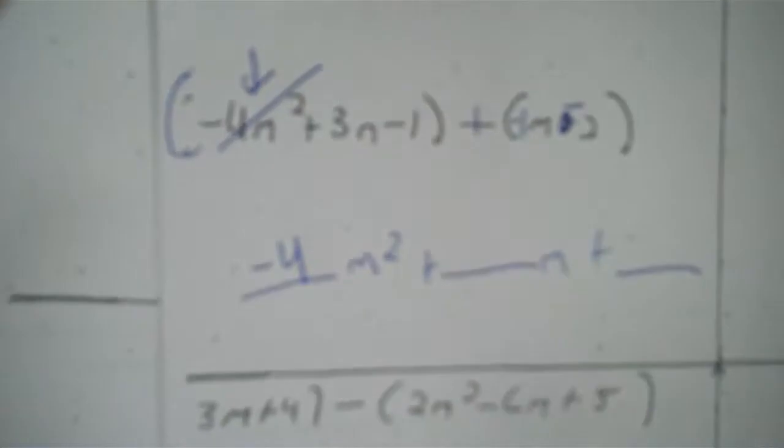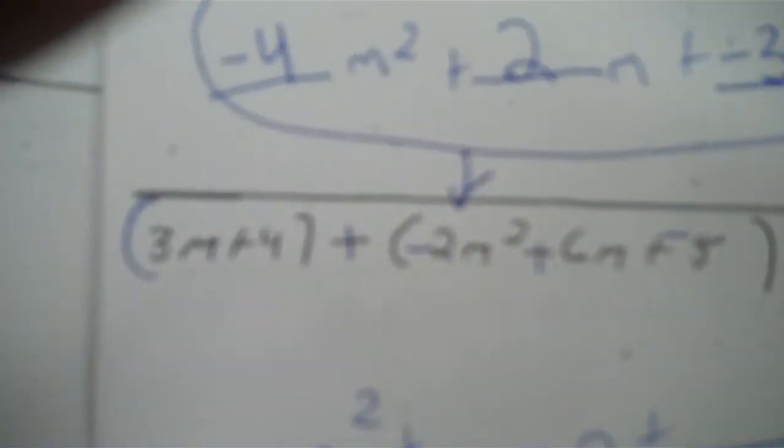So m to the seconds, we have the negative 4. So negative 4. For m's, I got a 3 and a negative 1. So 3 plus negative 1 is 2. And then I have a negative 1 and a negative 2. So negative 1 plus negative 2 is negative 3.